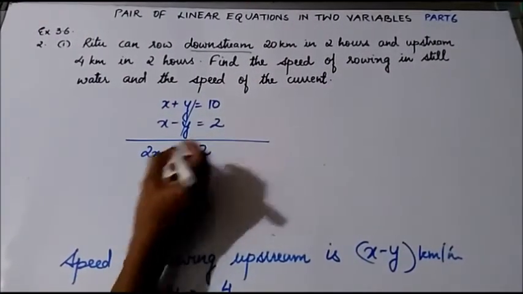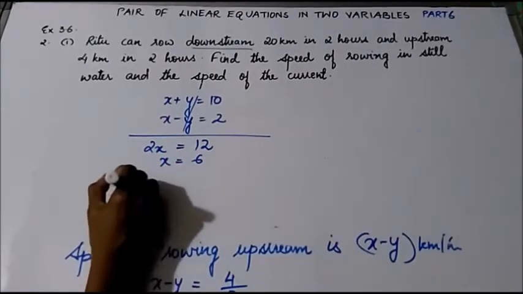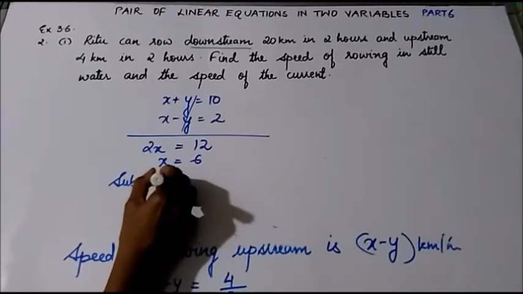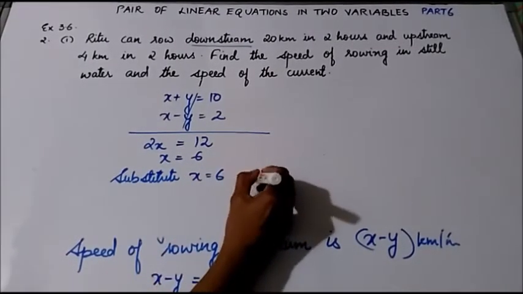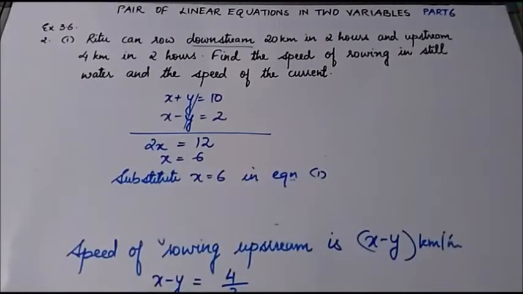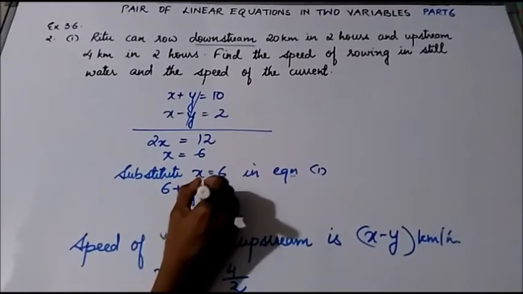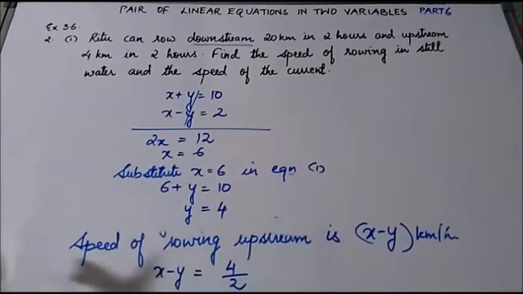This is equal to 12. x equal to 12 divided by 2, that is 6. Now substituting x equal to 6 in equation 1. What is equation 1? x plus y is equal to 10. x is 6, 6 plus y is equal to 10, that is y is equal to 4.